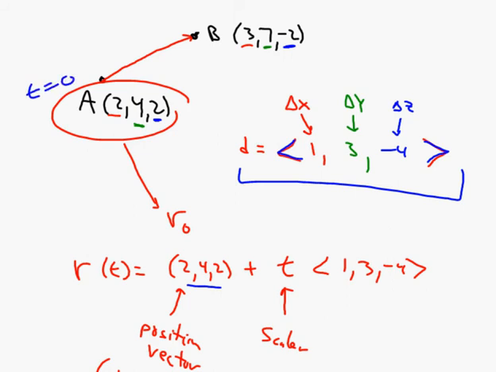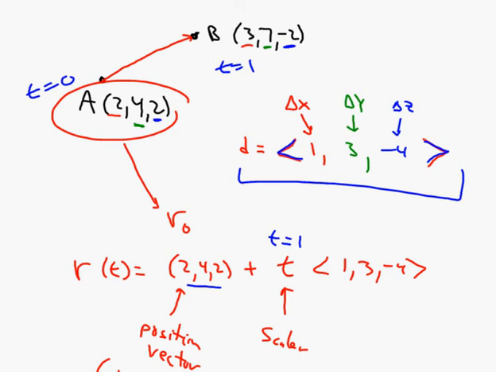Now, I'll ask you this question. How many times do we need to add the direction vector to the point A to land on the point B? And I'm being very careful with my language here. I'm saying, how many times do I need to add this vector? Just once will do it. So I'm going to let t equal 1. Now you can check that. If this is t equals 1 here, then these numbers come back exactly the same.